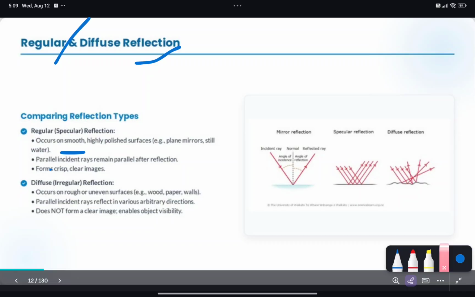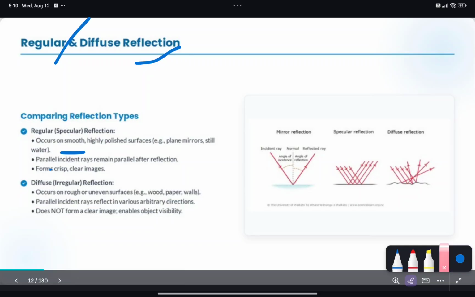So that is the reason parallel incident rays remain parallel after reflection. One ray here is parallel to another ray, parallel to another one. After reflection, these all maintain parallelism to each other. Clear?